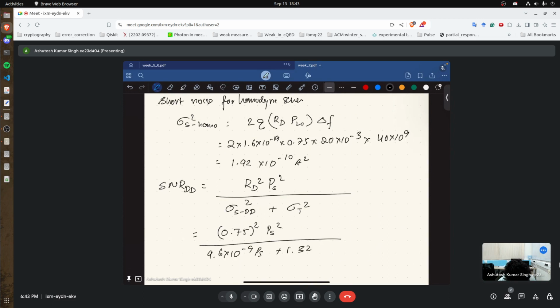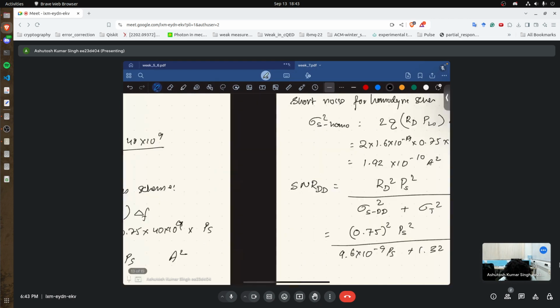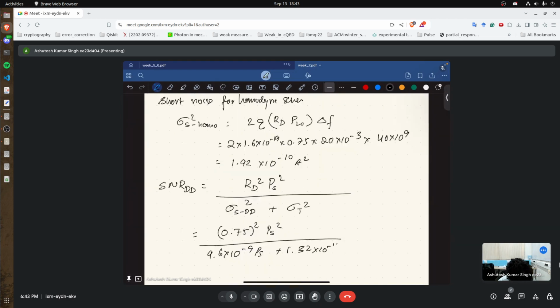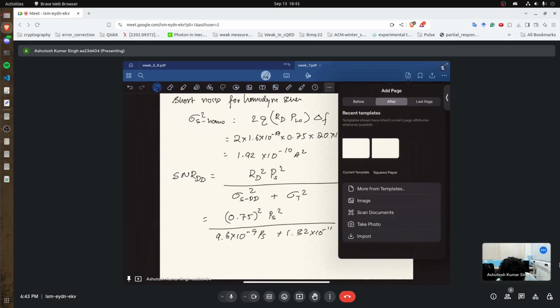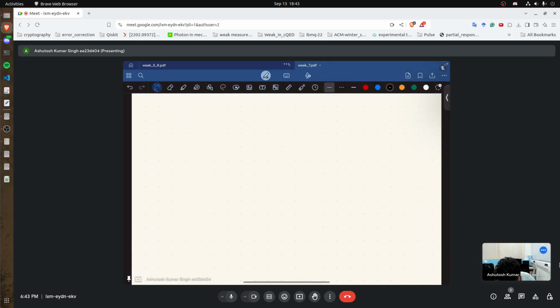The thermal noise is 1.32 times 10 raised to the minus 11. Similarly, we can calculate this for the homodyne.